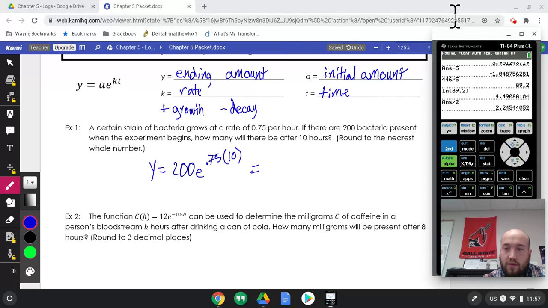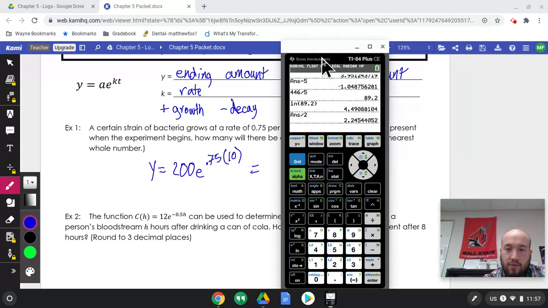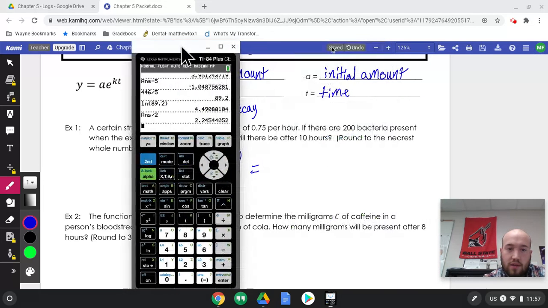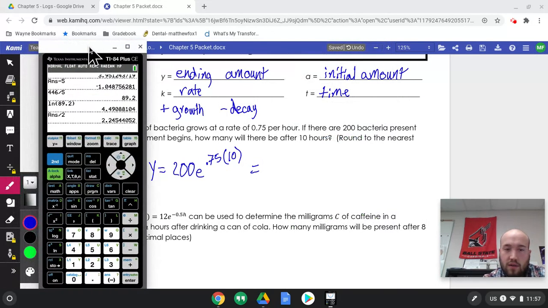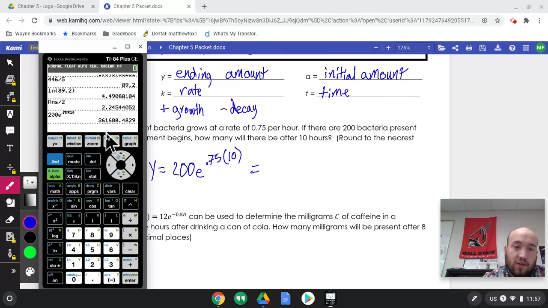So we do 200, then second ln, which gives us e to the 0.75 times 10. We solve that, and here's our answer, 361,608 bacteria, if we round that.